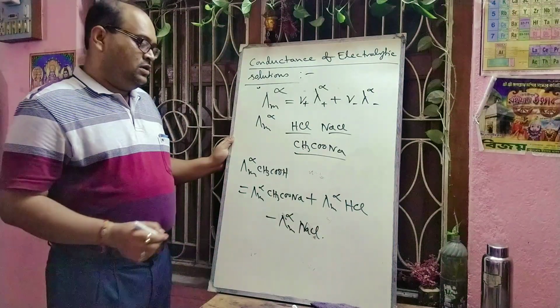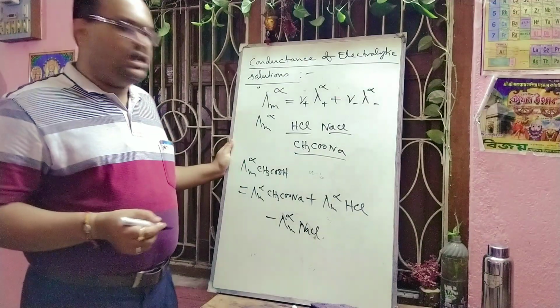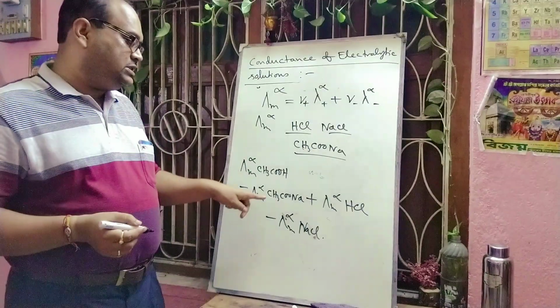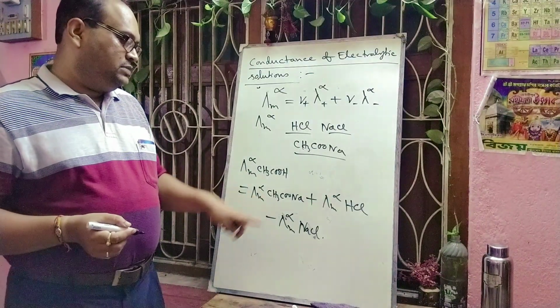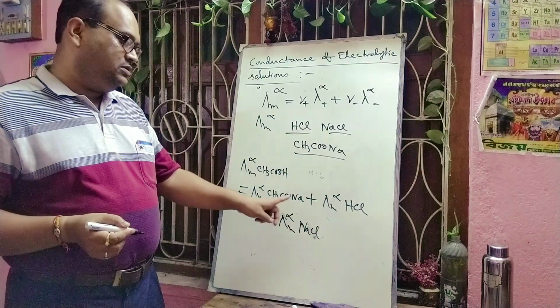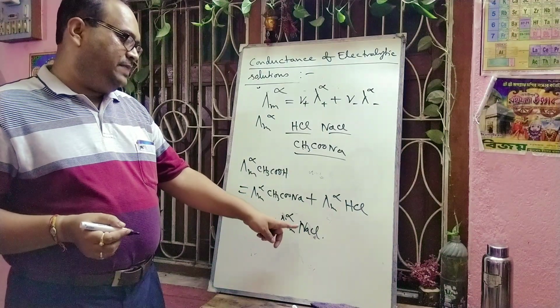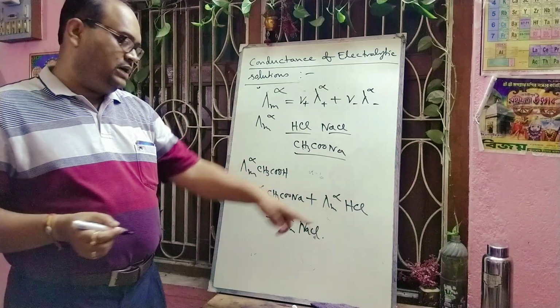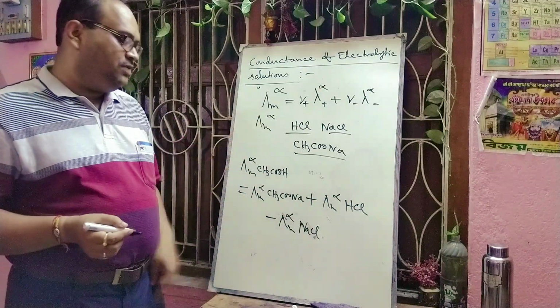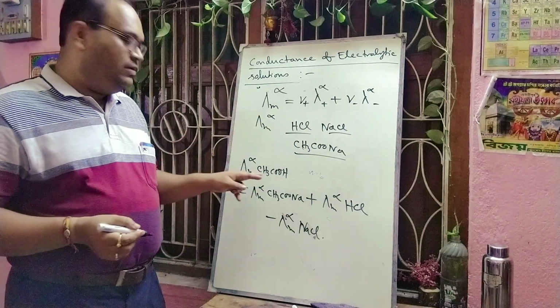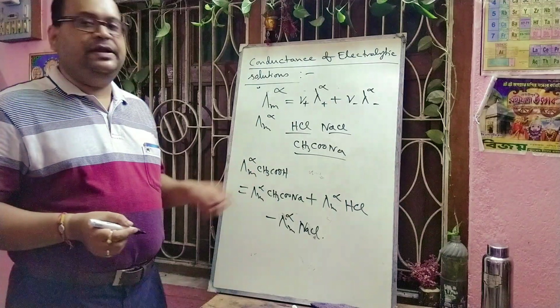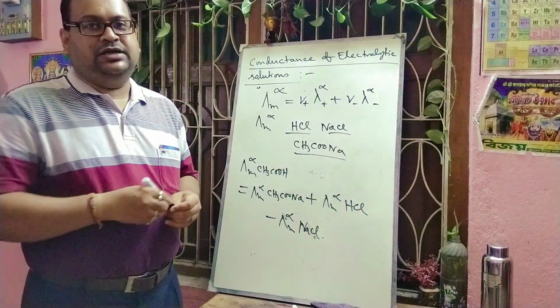Because here Na+ and Cl−, we will cancel, if we apply this formula, and we will get the Λm∞ value for acetic acid.